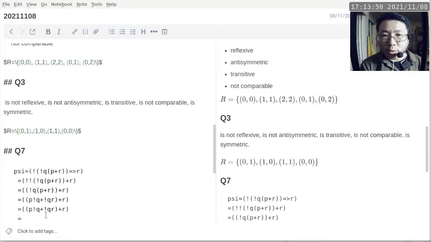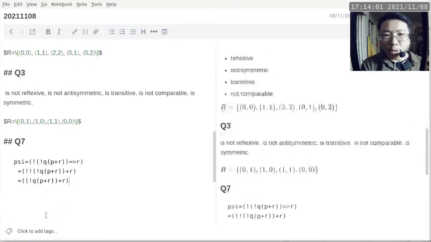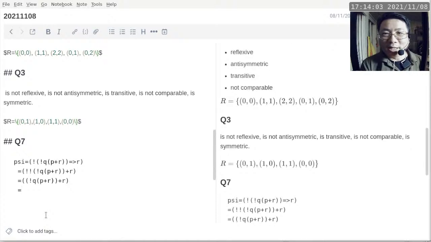Okay, so that is unnecessary. I was taking you guys through the park here because I can just do a distribution right here. The distribution I'm doing here is distributing the plus R into each one of these and then moving the conjunction outside.